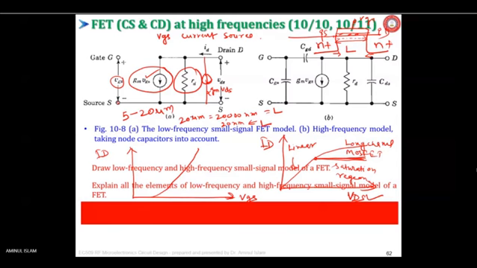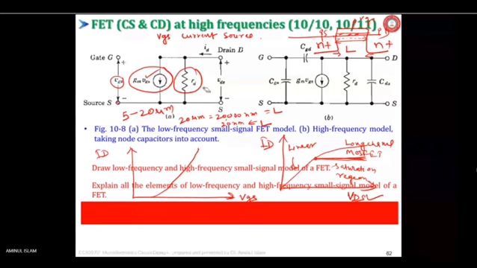This is another current source which is VDS dependent. Now we know that current linearly increases in a resistance with the supply voltage. If you increase the supply voltage, the current through a resistance increases.